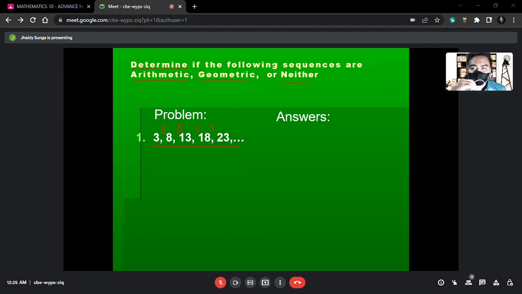The answer in this first problem would be arithmetic, and a while ago we said the common difference is 5. Though the question in our mind is why this sequence is arithmetic.